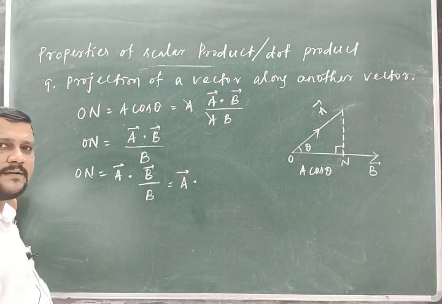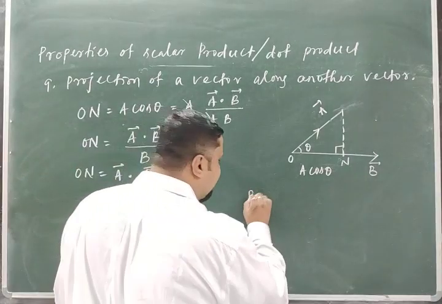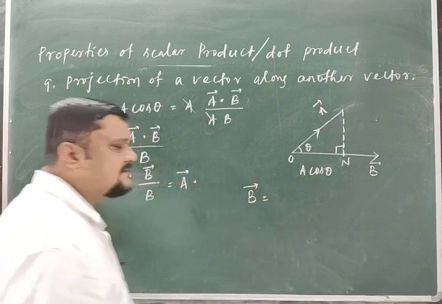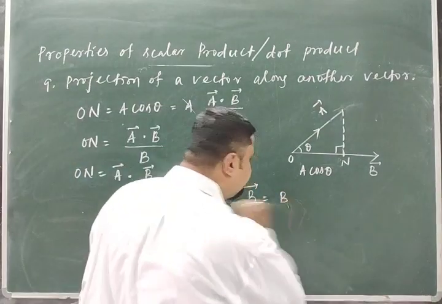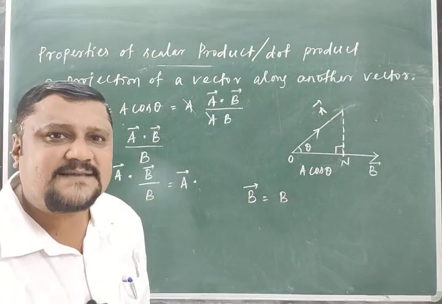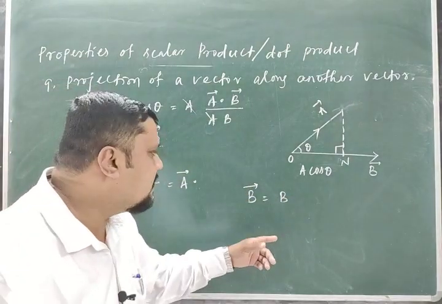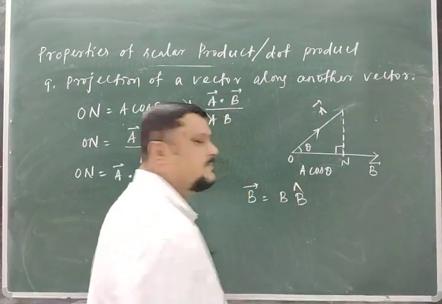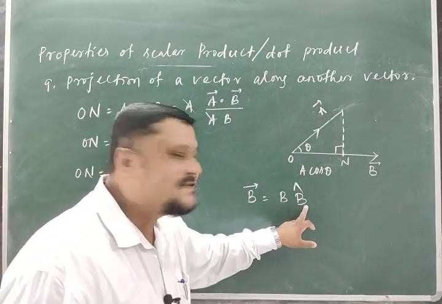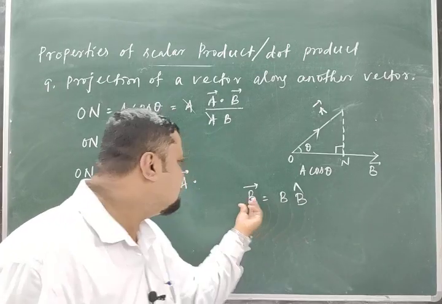Now tell me, vector B has both parts: magnitude and direction. Which vector has the direction along B? This gives magnitude, this gives direction. Multiplying gives the vector.